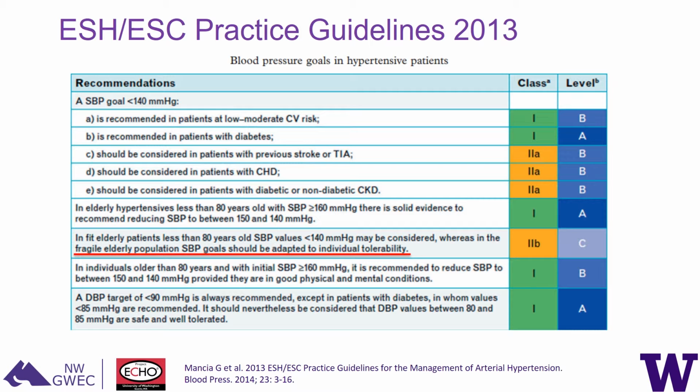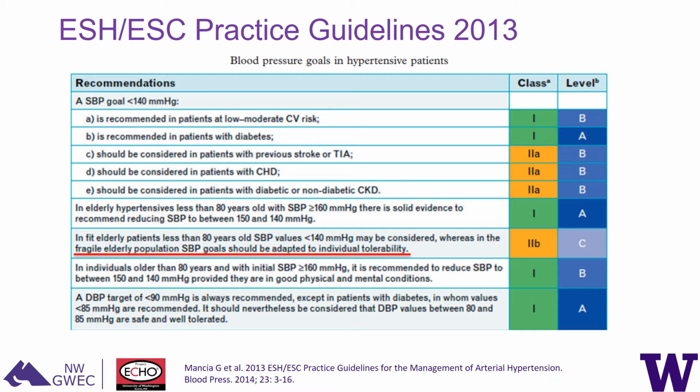So they talk about fit elderly patients less than 80 years old. Systolic blood pressure values of less than 140 may be considered, and you can maybe even change that now to include SPRINT trial data. In individuals who are truly fit and functional, you could push their blood pressure a little lower.